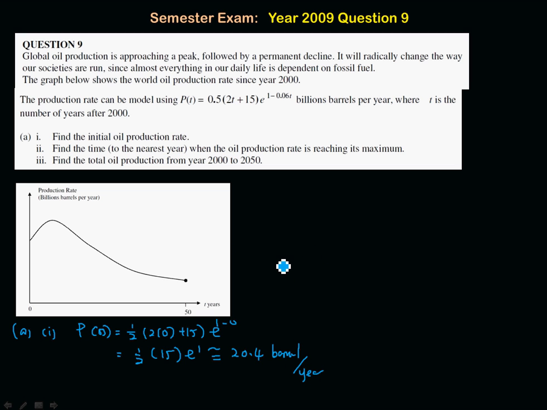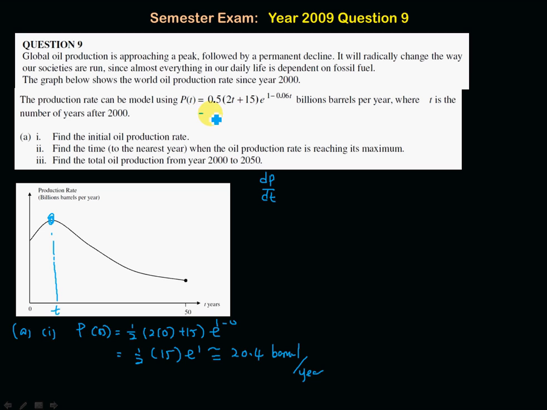Now part 2: we find the time when the oil production rate reaches its maximum. We know it's at this point we're talking about, so we want to find the corresponding time. You can do it algebraically, and I want to start a little bit on it. I'm going to differentiate this.